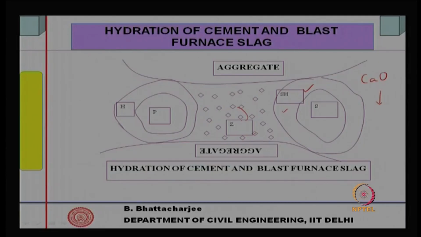So, the excess silica in slag converts the calcium hydroxide into CSH, which is a more bonding or sealing material. Thereby, it provides a better microstructure in terms of cementing property, and capillary porosity becomes lower.